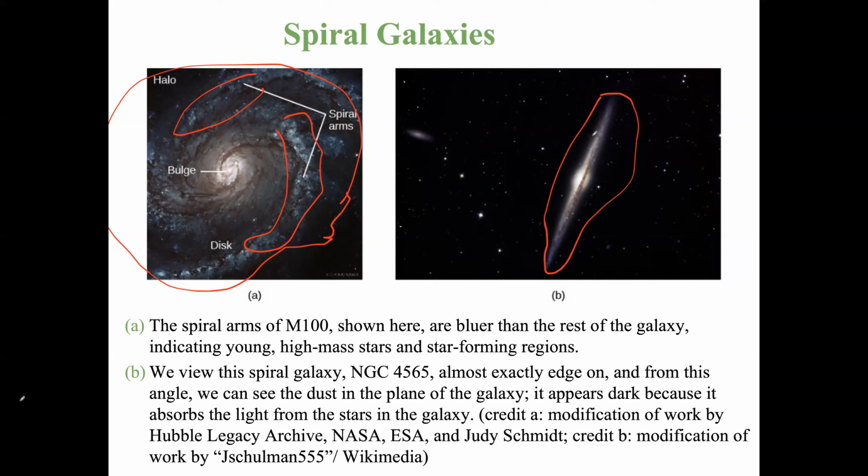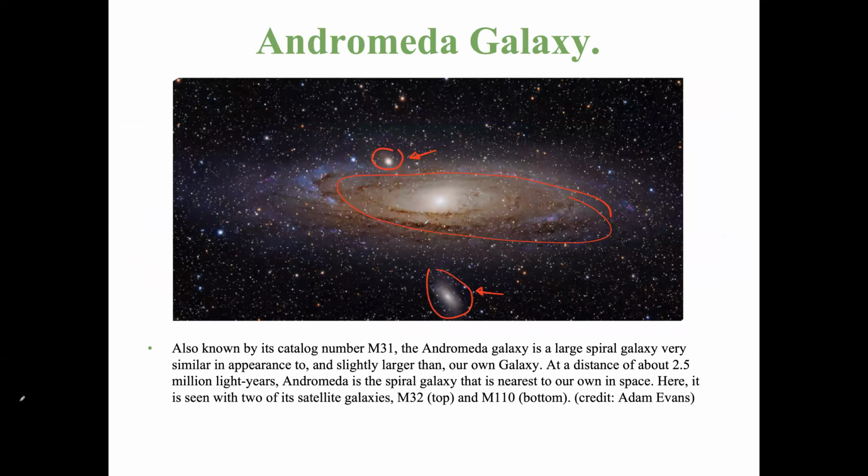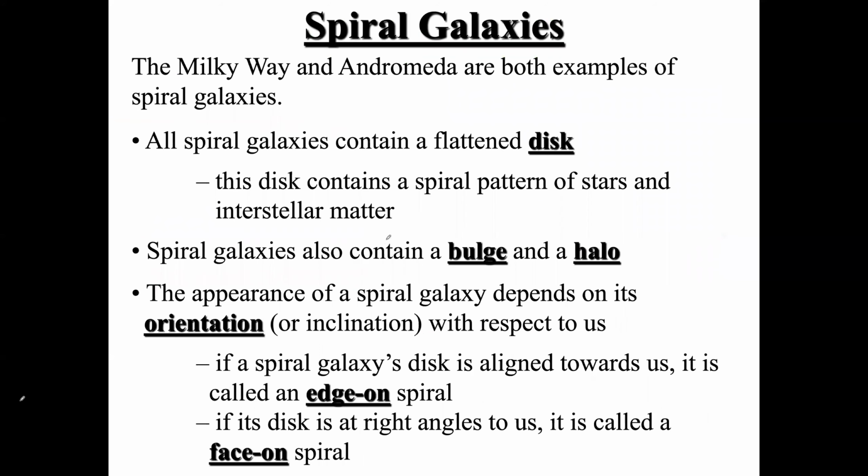However, this is an edge-on view, which means you see only the edge, right? Because practically, when you observe something from the Earth, you cannot change the orientation, so the orientation will be there.